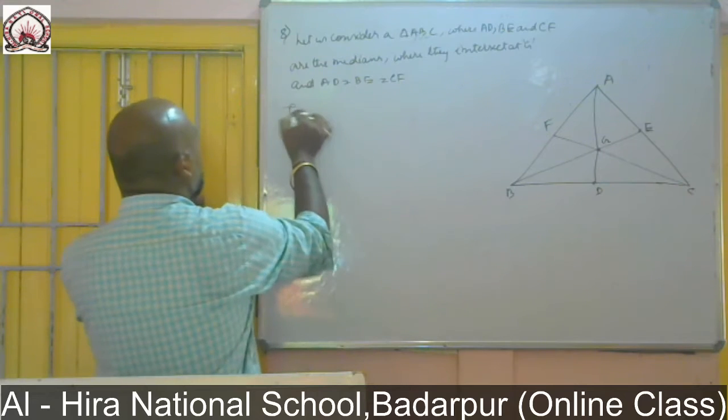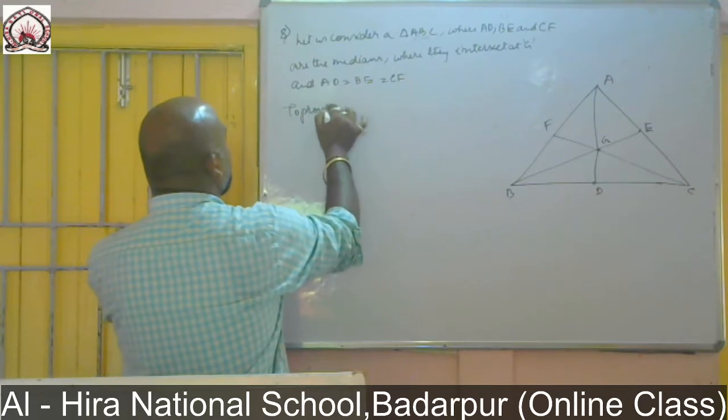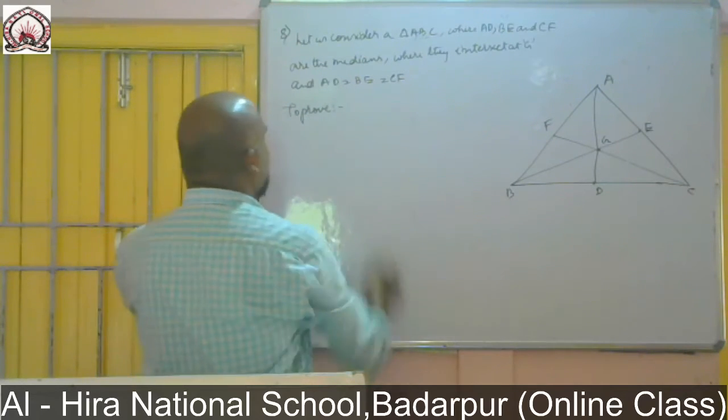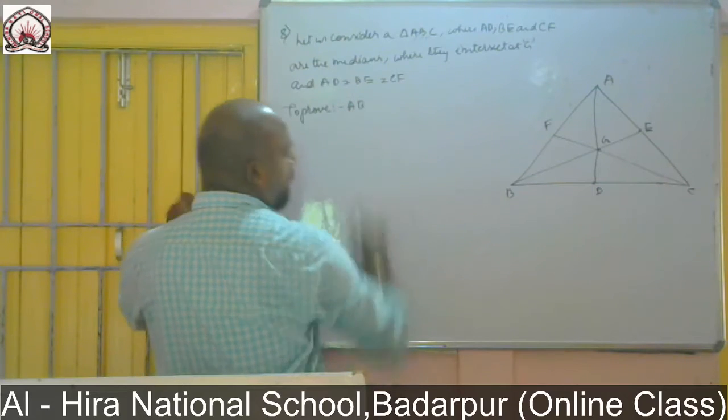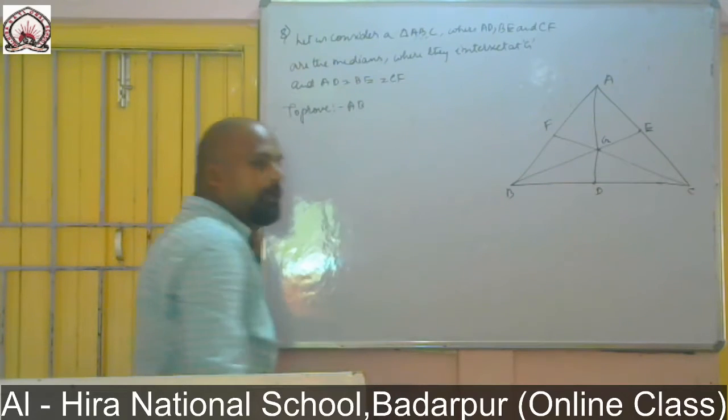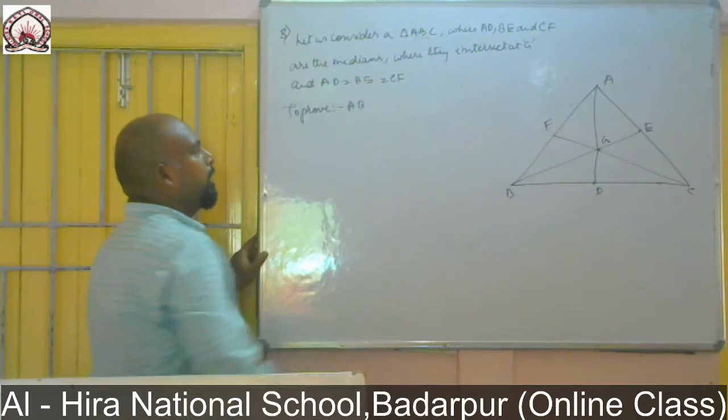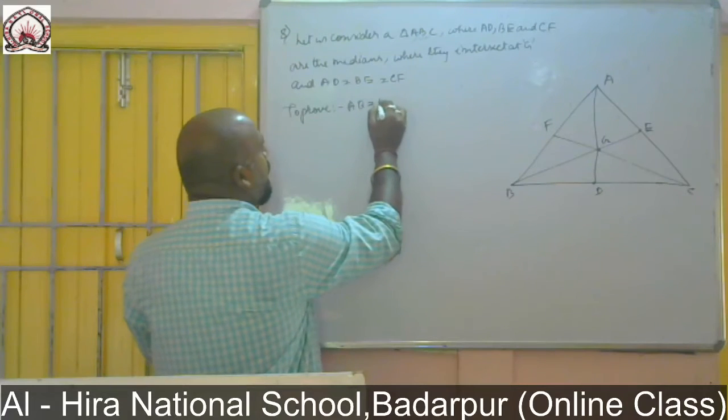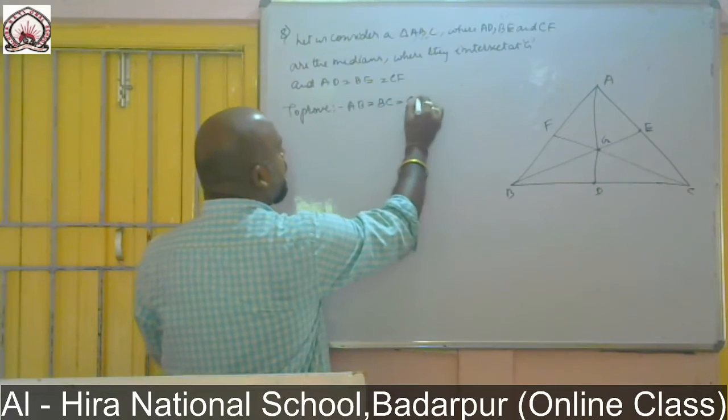Now what you have to do? We have to prove that it is an equilateral triangle. In case of an equilateral triangle, all sides are equal. AB equal to BC equal to CA, we have to prove.